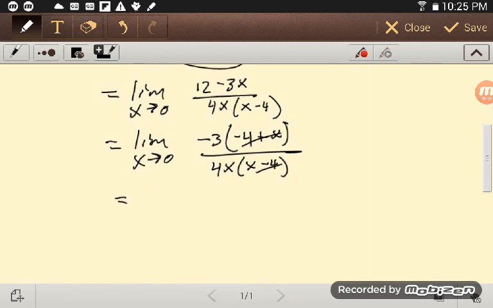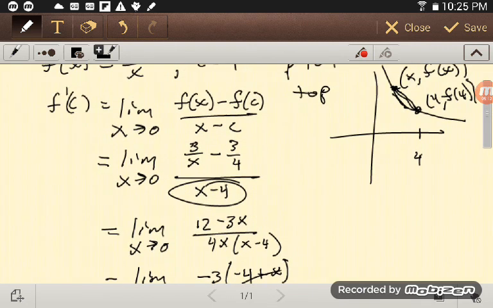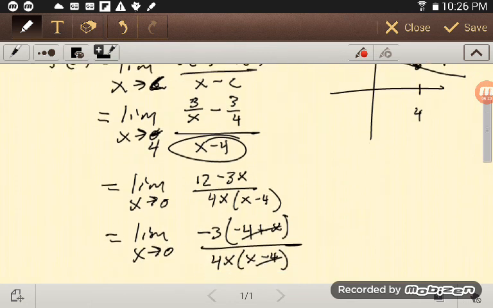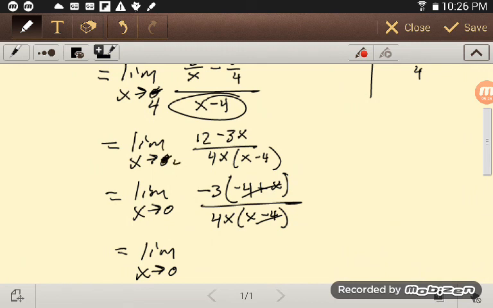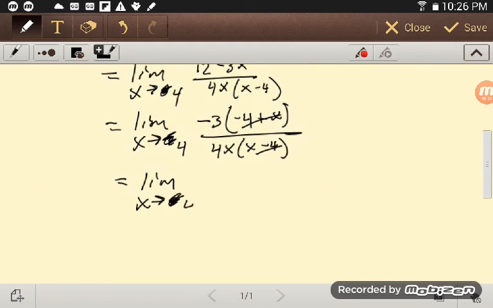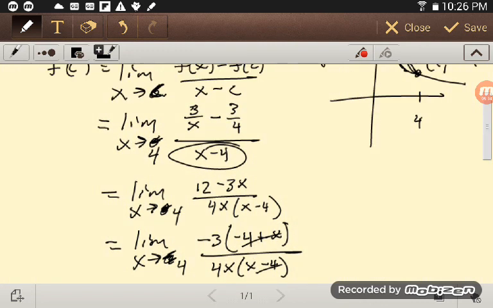So that's like pulling our h out, so this would be the limit as x goes to, why did I? People need to yell over the internet in a video or something. X goes to c, 4. Sorry I screwed that up, but at least I caught it finally. So this is all 4s. Because if it were 0, I wouldn't have had any problem.